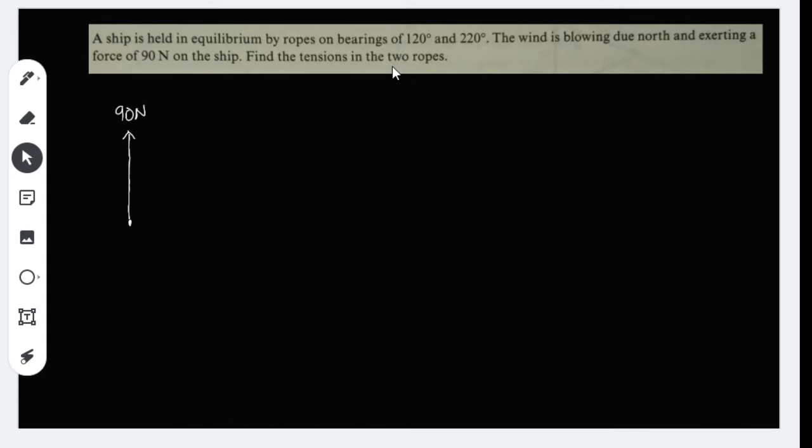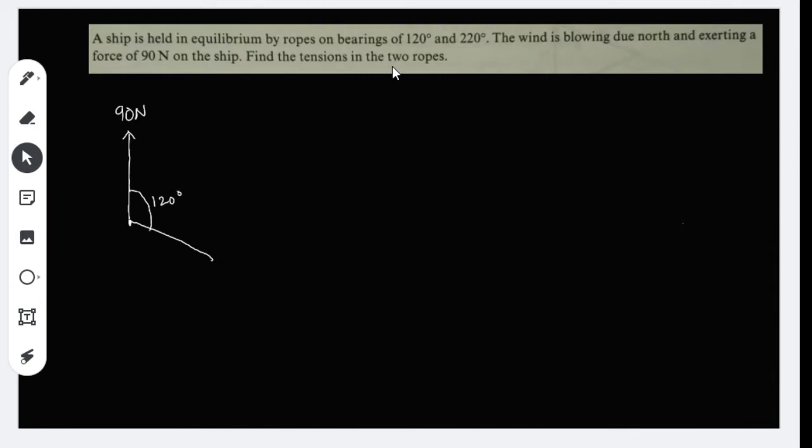Next, let's try to measure the bearing of 120 degrees. Approximately 120 degrees is around here. Let's draw the angle, so this is 120 degrees.